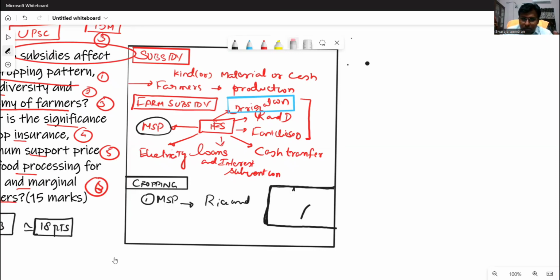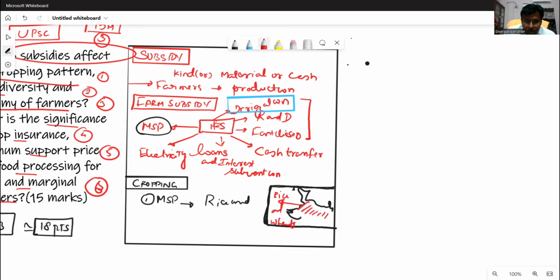A geography based question with a small diagram will give a good impression when the person sees the paper. See, this is North India. Look at this whole area: because of MSP, rice and wheat are predominantly grown.